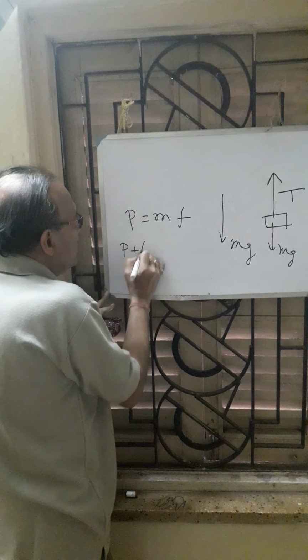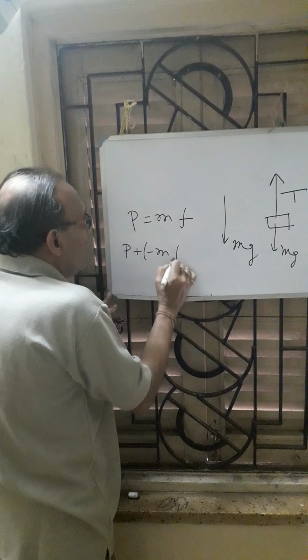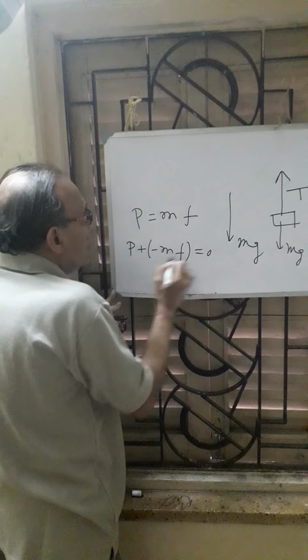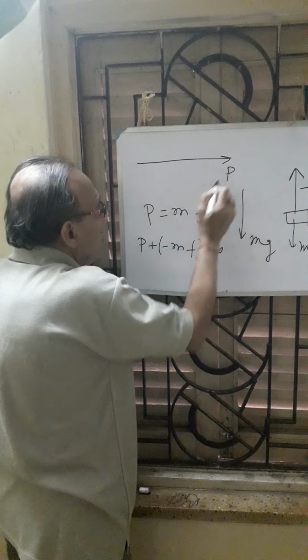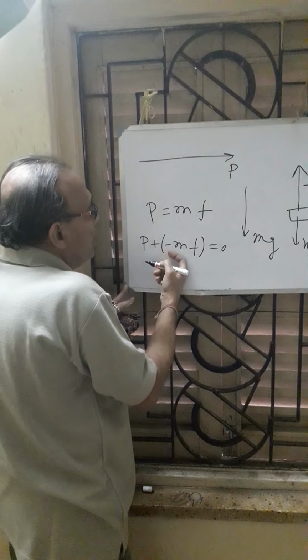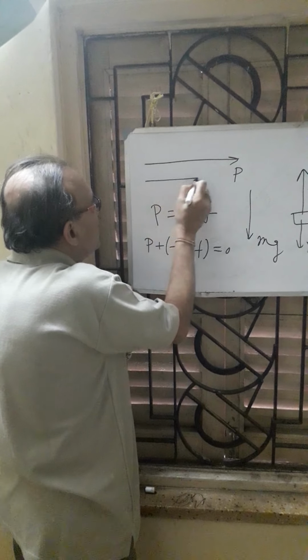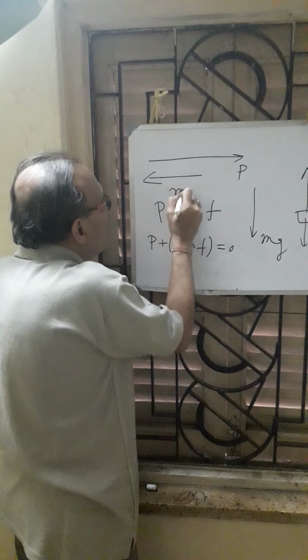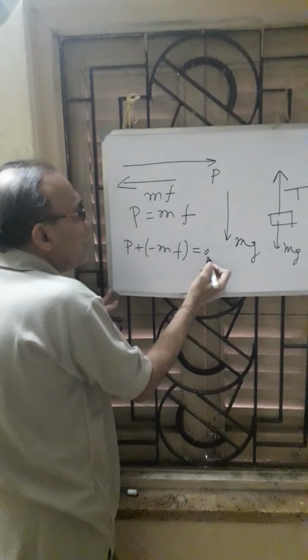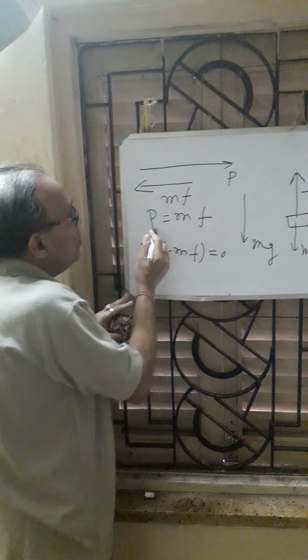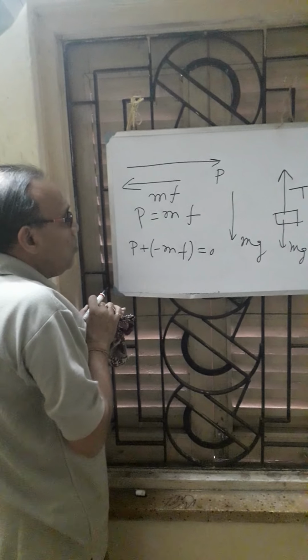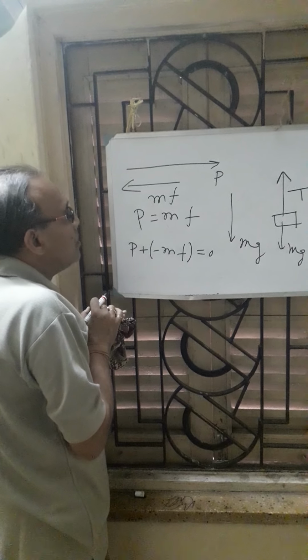Therefore, P plus minus mf equal to 0. What does it indicate? If I apply a force P in this direction, minus mf means in the opposite direction, and 0 means the body is at rest. I repeat, I know P equal to mf, therefore P plus minus mf equal to 0.